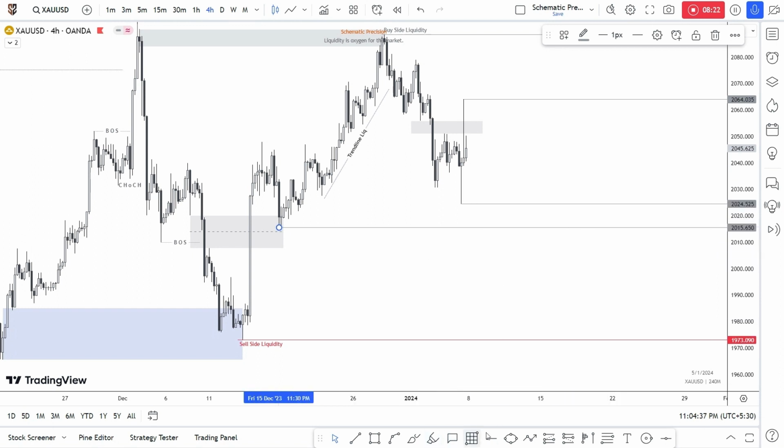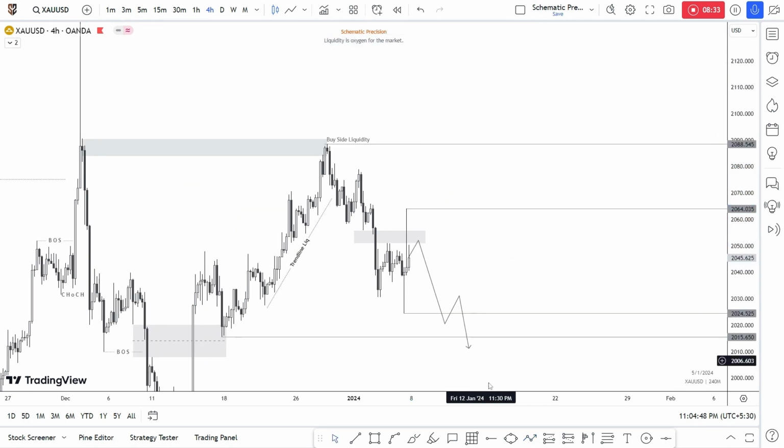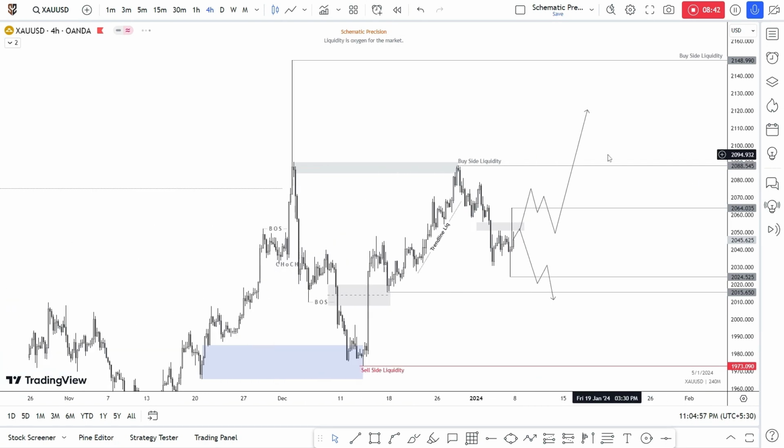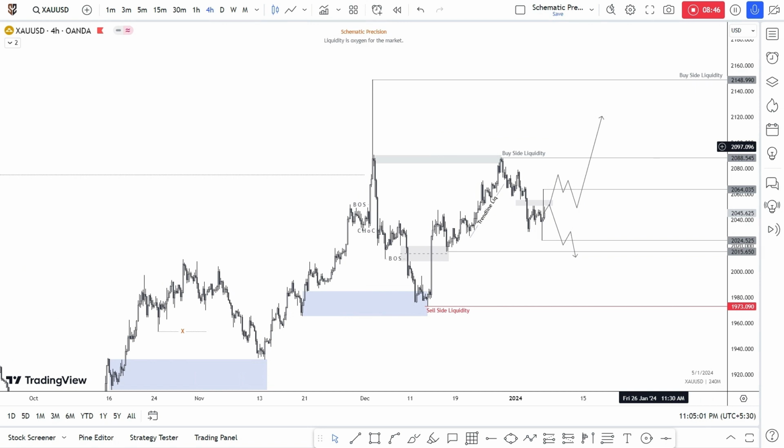So 2015 could be the target for the upcoming week if we don't break 2064, and we can look for sells, and above 2064 we can look for buys towards the highs. And I'm bullish here majorly because the institutions are majorly bullish. So let's wait for clear directions from the market as well.